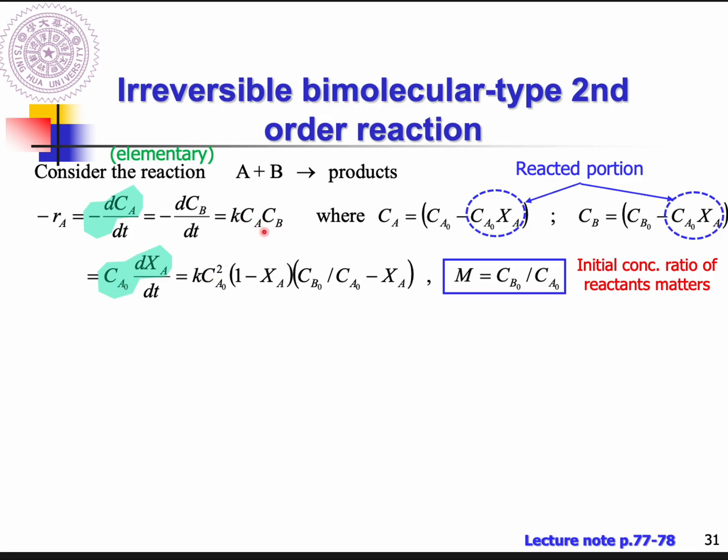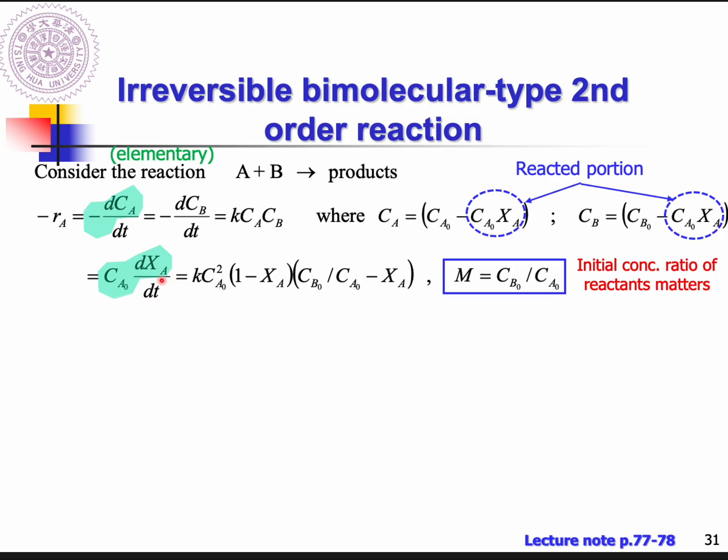This part, I will use this term to substitute CA and this term to substitute CB. Then after arrangement I can get the rate equation. And here, please take a look.